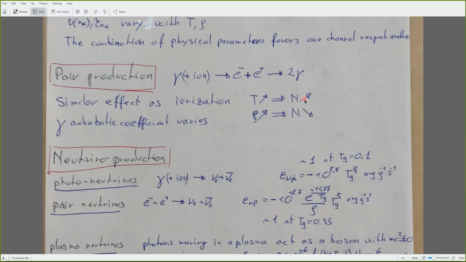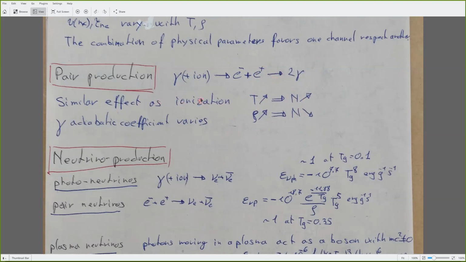So we have a certain population of positrons inside. So we subtract energy from the radiation pressure to put it in the gas. And the effect is similar to ionization. If you increase the temperature, the number of particles increases. If you increase the density, the number of particles will decrease, because it's easier for the positron to annihilate with an electron.